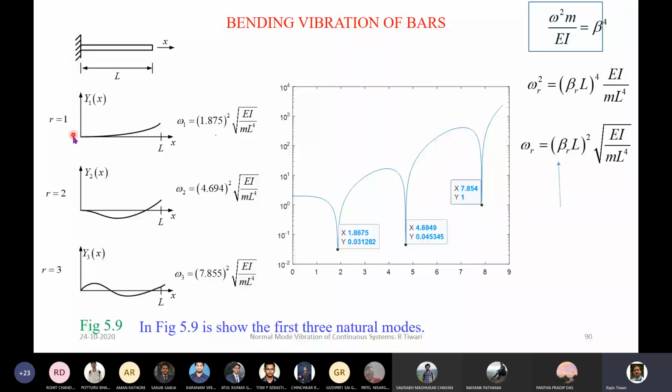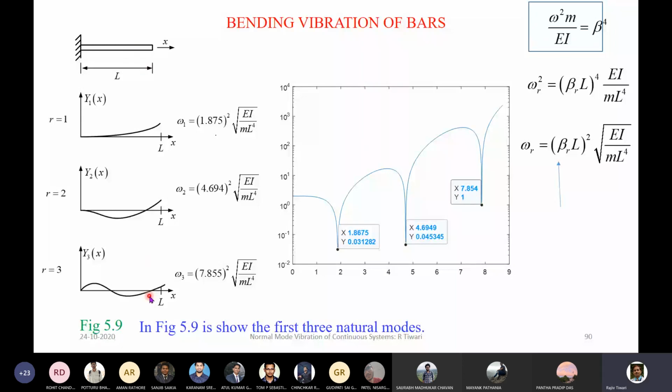The bending slope and the displacement should be 0 at the fixed end. Here also, I think it should be shown that the slope also should be 0. So these are the 3 different modes of vibration of the continuous beam, which is a cantilever, showing how it will vibrate in the first, 2nd, and 3rd mode.